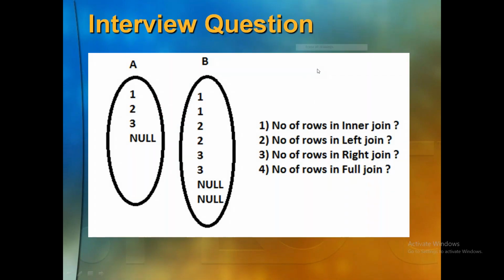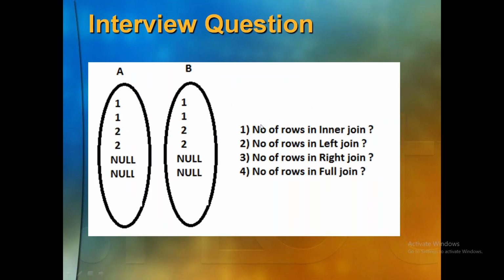The next one, let us understand the number of rows here as well. 1 into 1 and you have 1 into 1, so 1 comma 1 again 1 comma 1, and 1 comma 1 again 1 comma 1. Total 4 rows for 1.